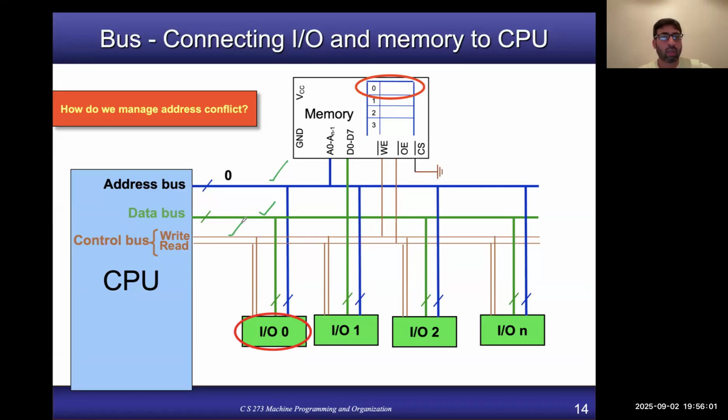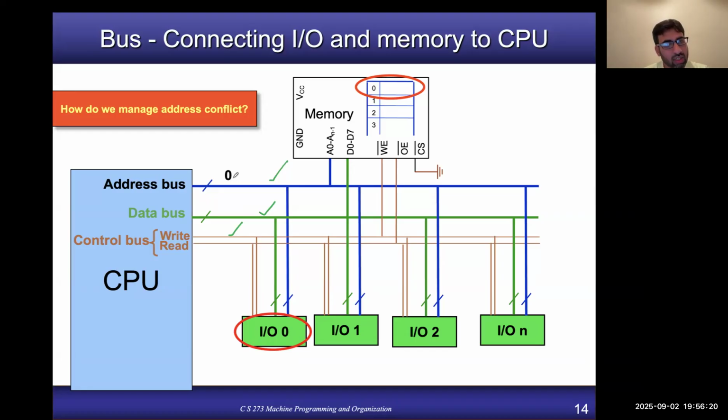Okay. So we said we can share the address bus and data bus, but the question is now how do we manage the address conflict? For example, if the value of the address placed on the address bus is 0, what does it mean?